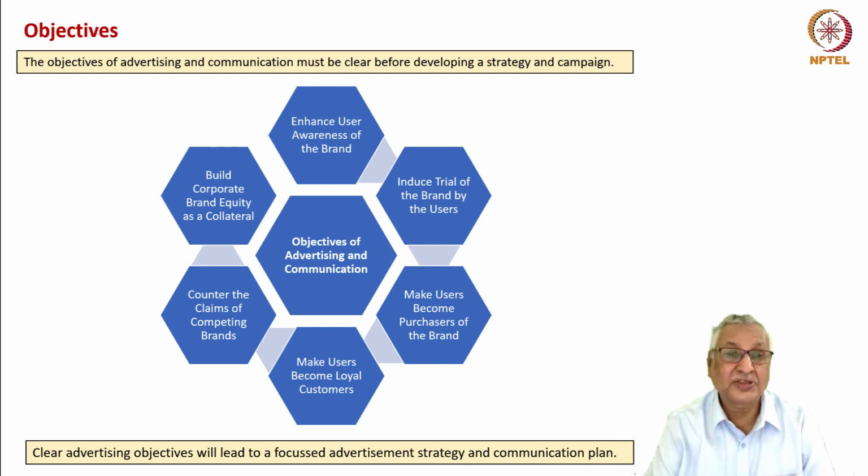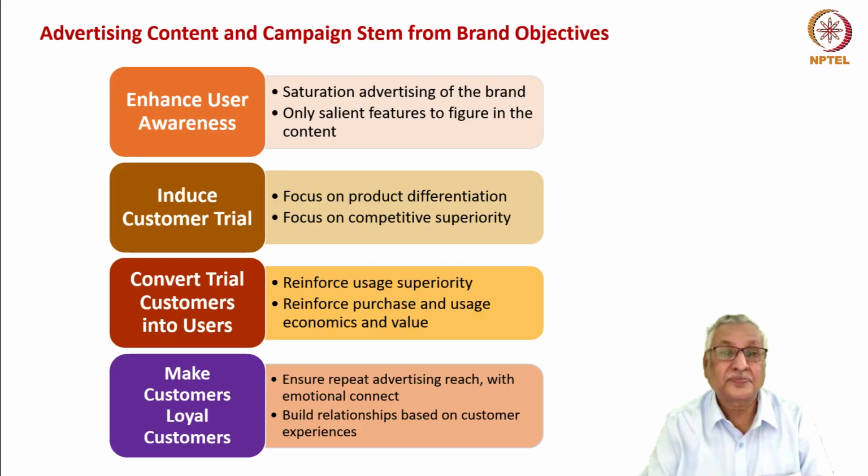We'll consider in another lecture some of the examples of market research, but suffice it to say here that the market research will tell us at what level of awareness the users are, at what level of inclination the users are towards trying, at what level of switching over the customers are, and what is the kind of competition that is working against our product, and various other parameters related to those things. Once these triggers for advertisement are known, you can develop a good advertisement strategy.